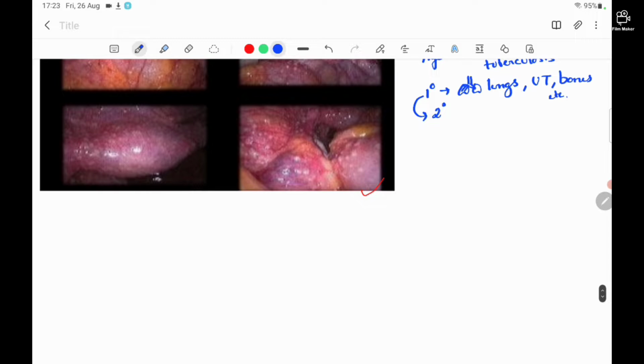Now, in this genital tract, in this FGTB, in this case, the primary site is the fallopian tubes, and plus minus endometrium.